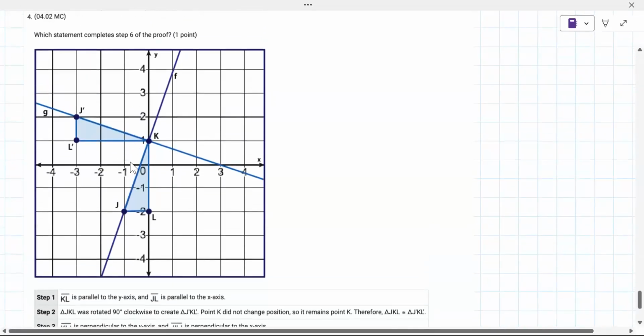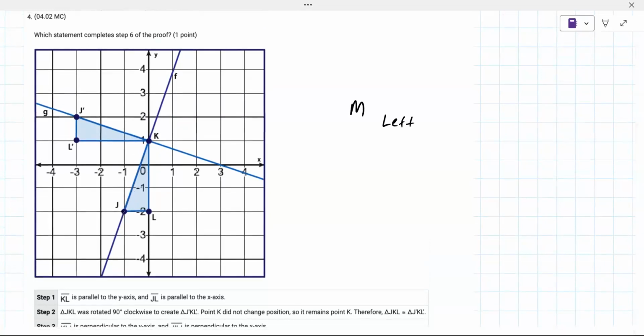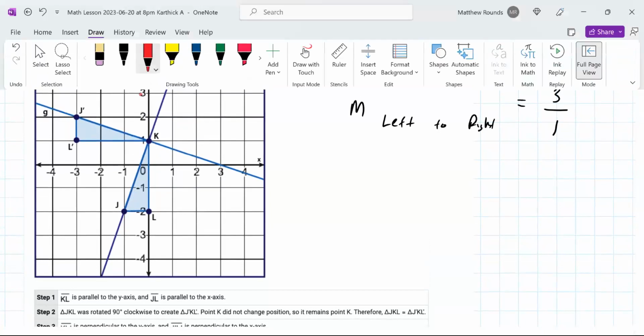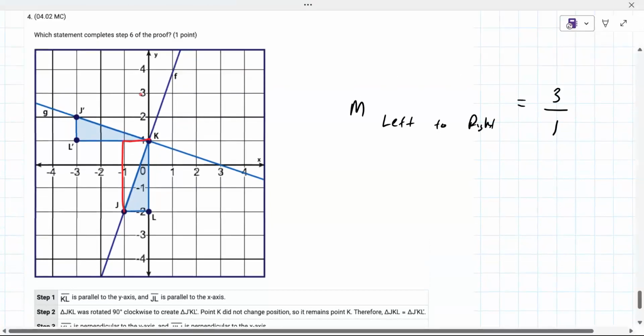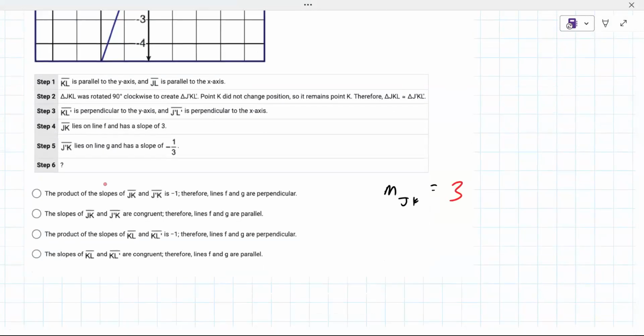All right, here's J, here's K. To find slope, you go from left to right. So your rise is 3 and your run is 1. Up 3, right 1. It's also given here. I know students don't believe it, but I actually try to never ask you something you can't figure out.